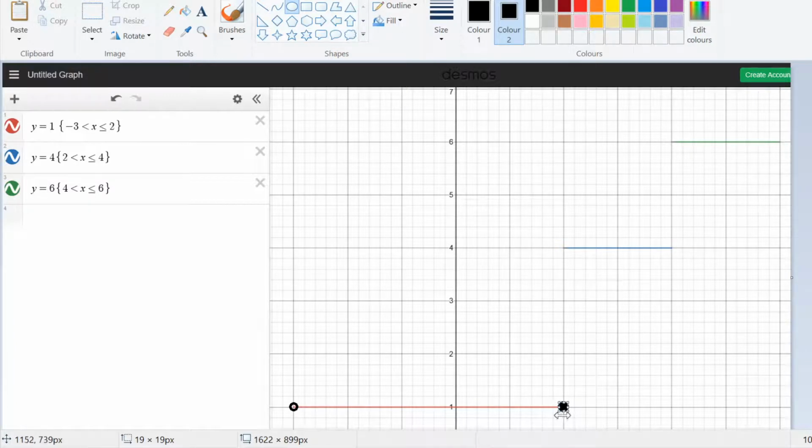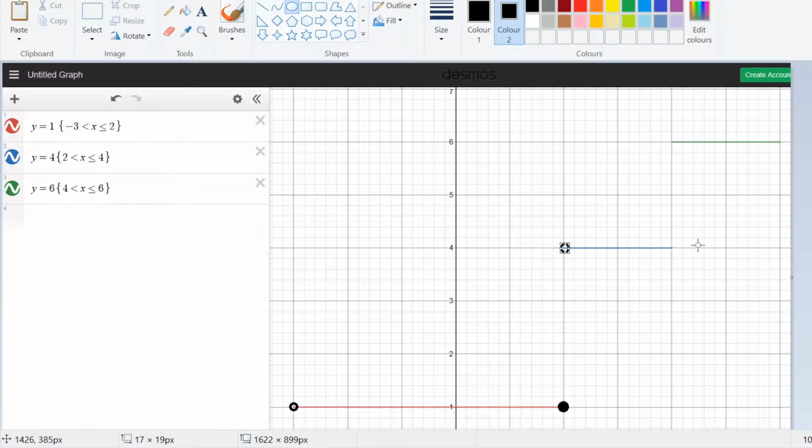That indicates that it can be part of that point. There's no barrier there. Over to the next one now. For the next one, 2 cannot be equal, so I have to get rid of the fill. It's open-ended like that barrier again, keeping it away from being equal to 2 on this line. It can equal 2 on our red line, not on our blue line.